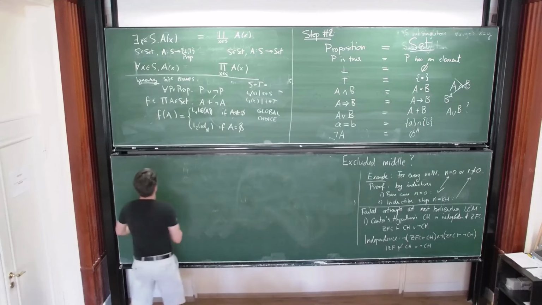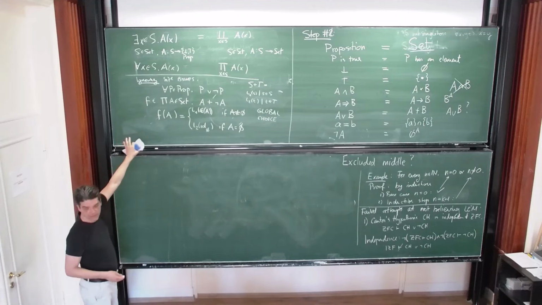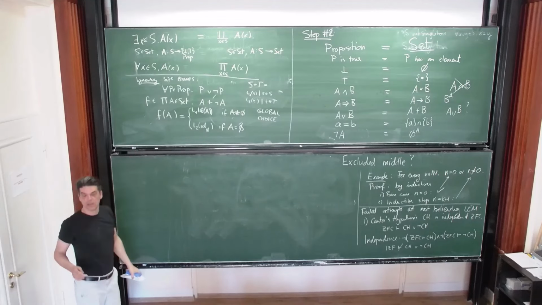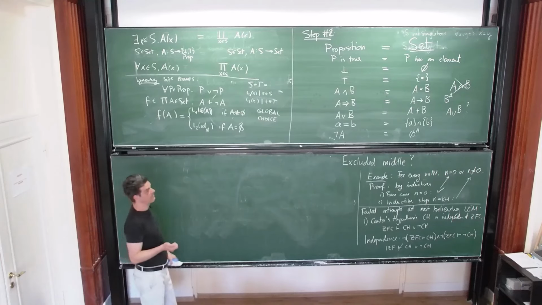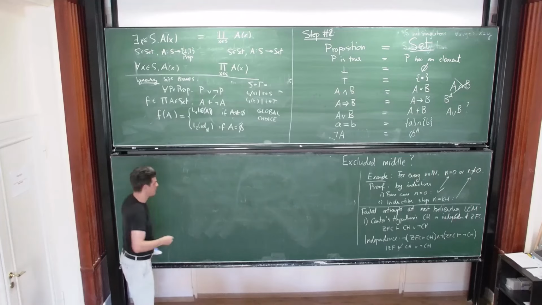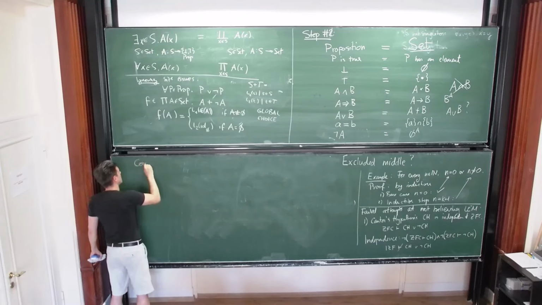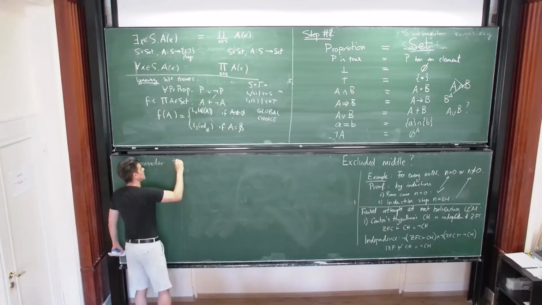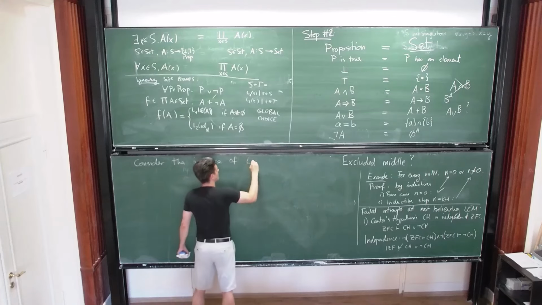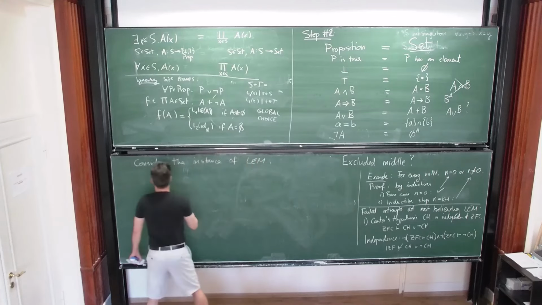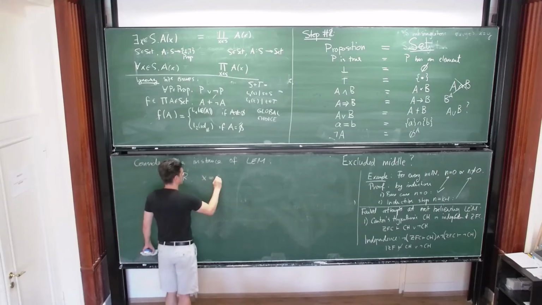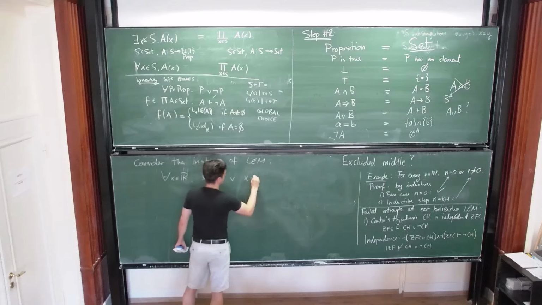So, by the way, to get rid of these size issues and to not have to think about set theory, we could also just try to invalidate a particular case of excluded middle that is easier to think about. So consider the instance of LEM: for every x in R, x is 0 or x is not 0.